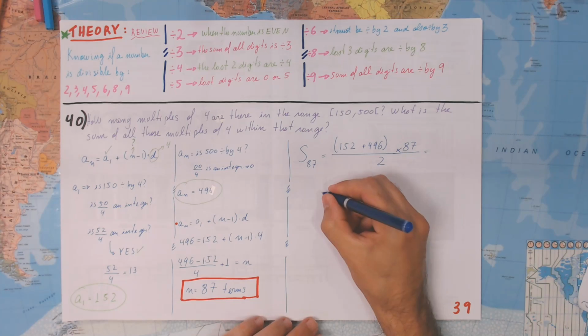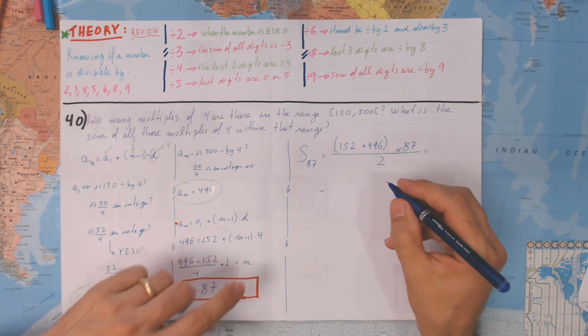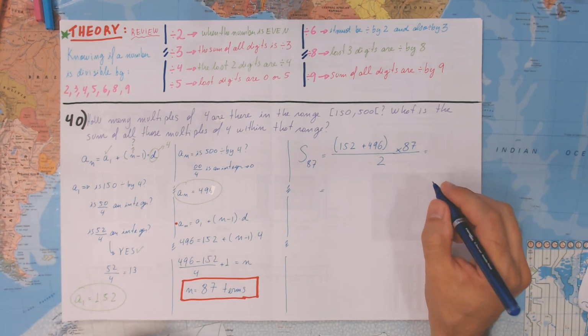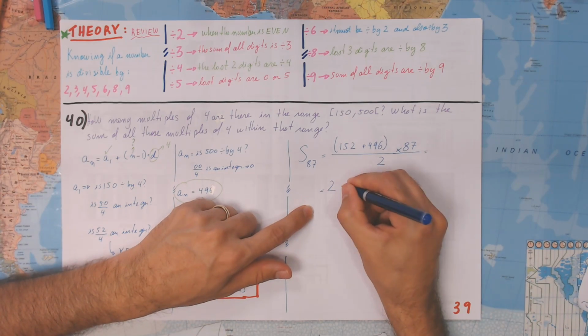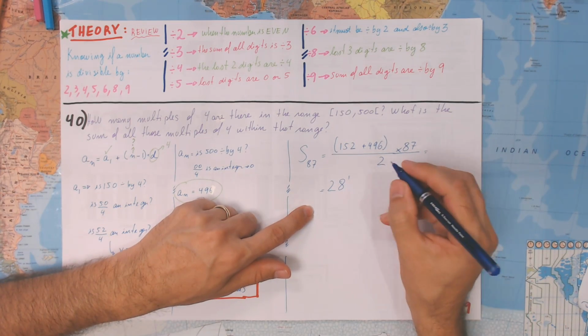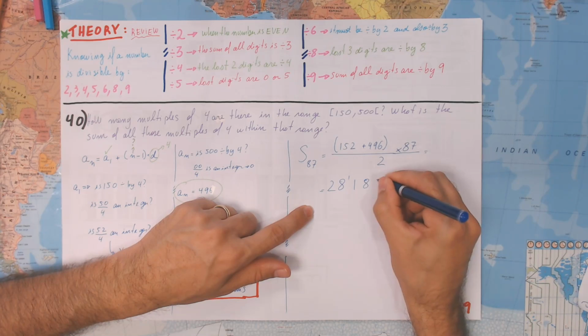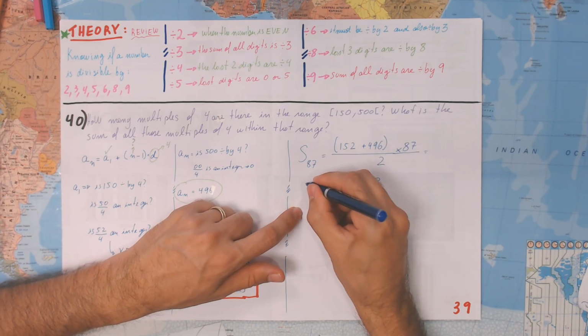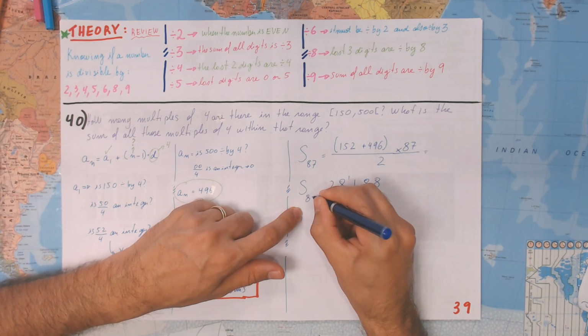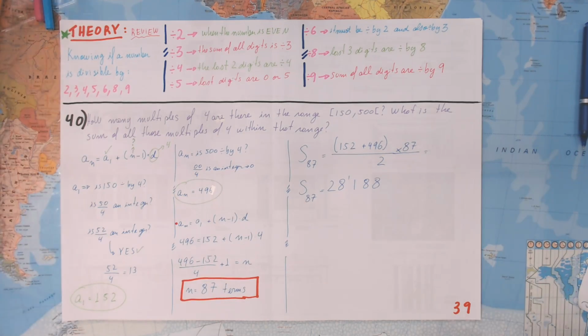Okay, now if we just do everything, you are going to get the answer. It is 28,188. Okay, so this is the summation of all those 87 terms.